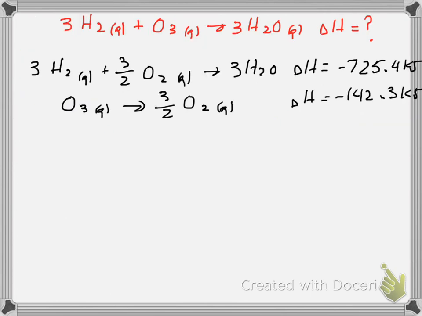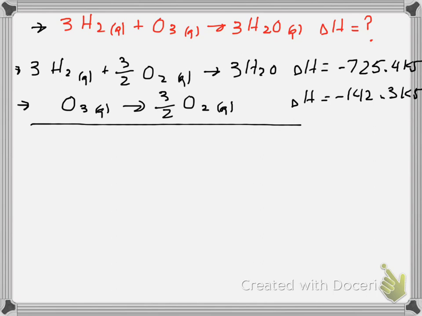Now I've written down the equation we're looking for up here, and then the two equations that I kind of redid. The first one, remember, we multiplied by 3/2, and then the second one, we turned it around and divided by 2. But look what happens now when I add these up.